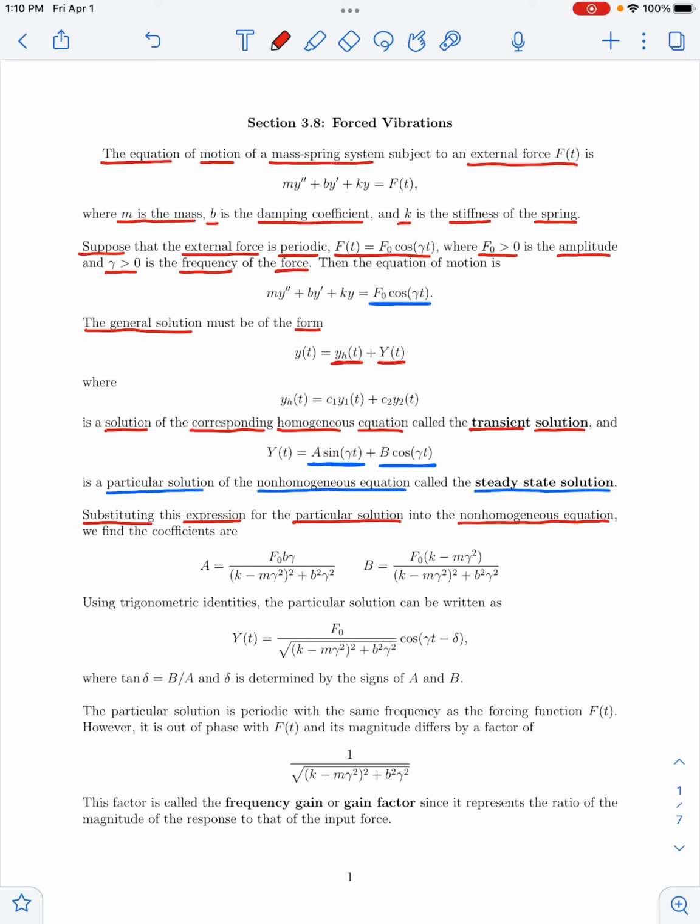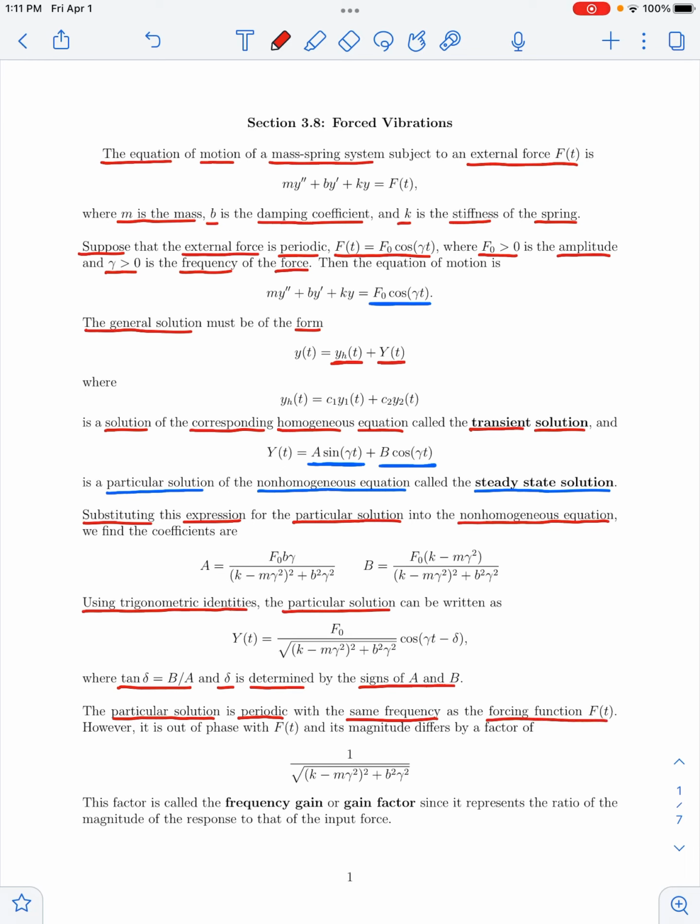As we did in the previous section by making use of trig identities, we could rewrite our particular solution as a single cosine wave, which would have the form F0 over the square root of ((k − mγ²)² + b²γ²) times cos(γt − δ), where δ satisfies the equation tan δ = B over A, and the value of δ would be determined by the signs of A and B. So we see here that our particular solution is also periodic, and it has the same frequency as the forcing function.